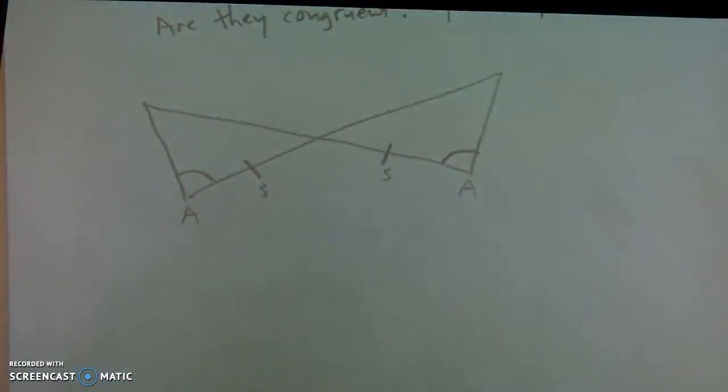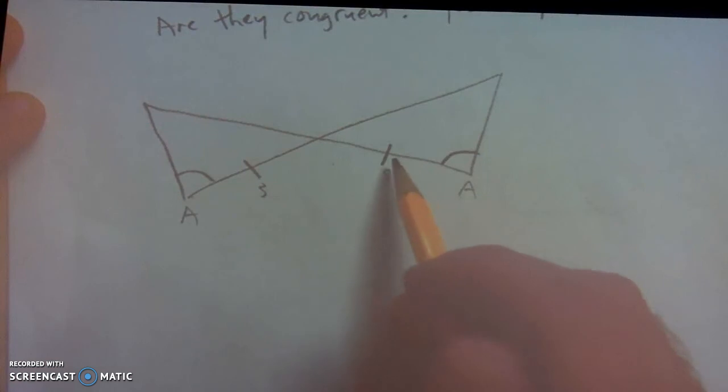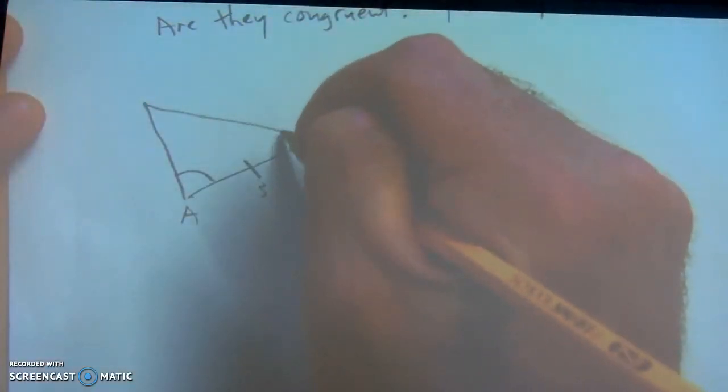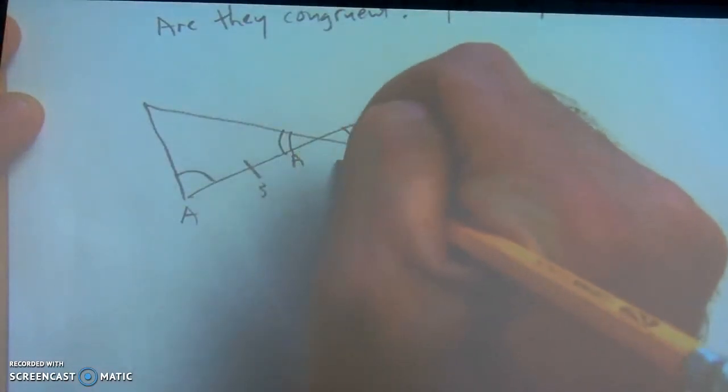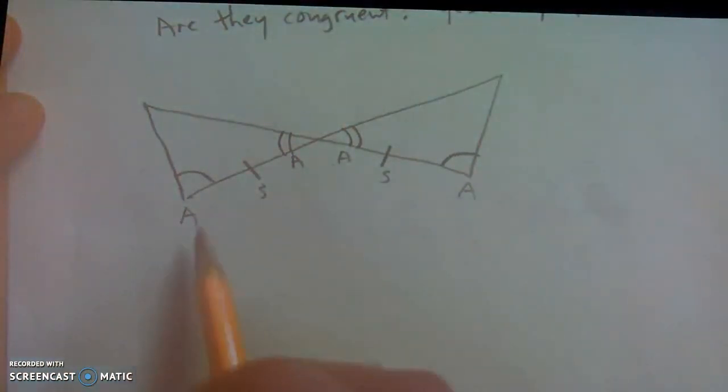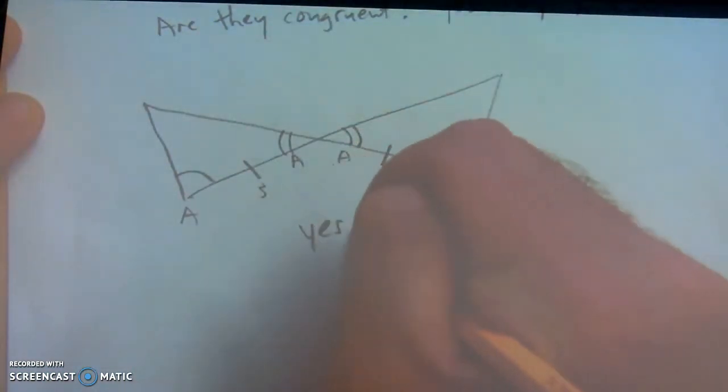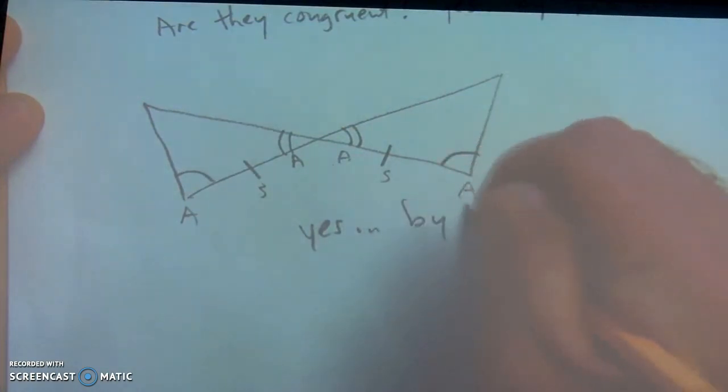Okay, maybe you say, well, not enough information, right? We need 3 things. Okay, but you can also assume some things. You can assume vertical angles are equal. So do you see how that gives us another angle? So now we're talking ASA, an angle, a side, and then an angle. So are they congruent? Yes, by ASA.